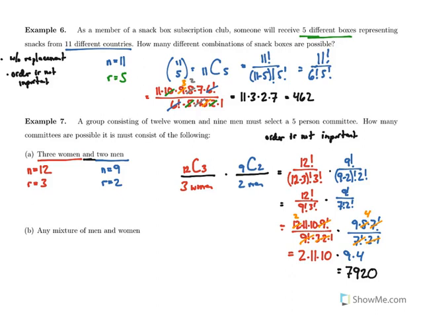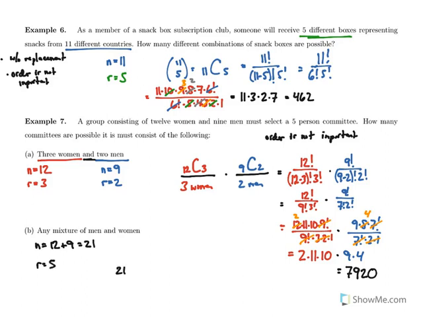So note that we couldn't deal with that all in one big calculation, like one combination, because there are two different decisions we have to make, the women and the men separately. In part B, we don't have to divide up between men and women, so in total we just have the 12 plus 9. We have 21 people total, and we are choosing 5 of them.